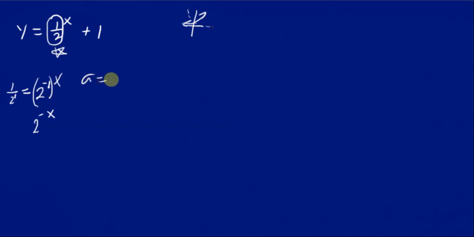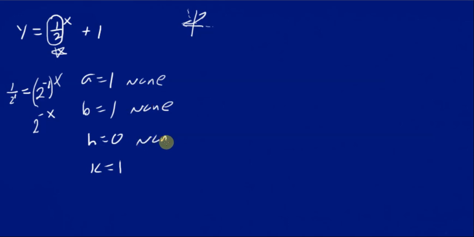So a is 1, not 1/2. b is also 1 in this problem. H is 0, it doesn't exist, and k is equal to 1. So this does nothing, this does nothing, this does nothing, and this is just going to be up 1 unit.